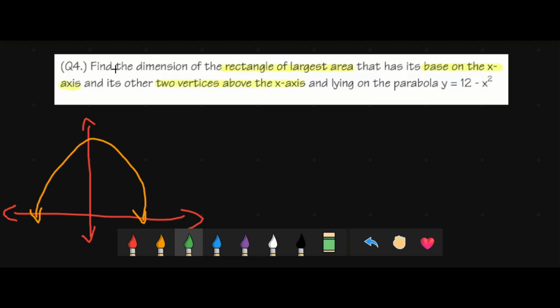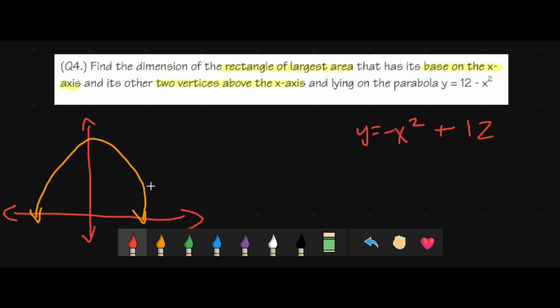Anyway, we're here to find the dimensions of this rectangle. Let's make some key observations first. Firstly, this entire thing has its vertex at x equals 0. The reason I know this is, let's rewrite it as y is equal to negative x squared plus 12.